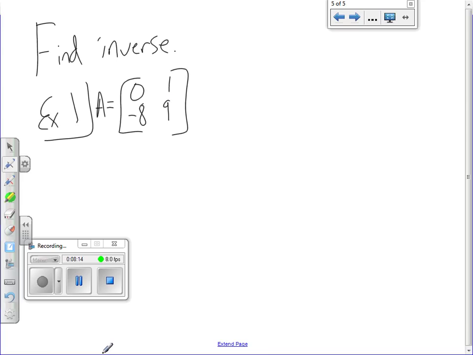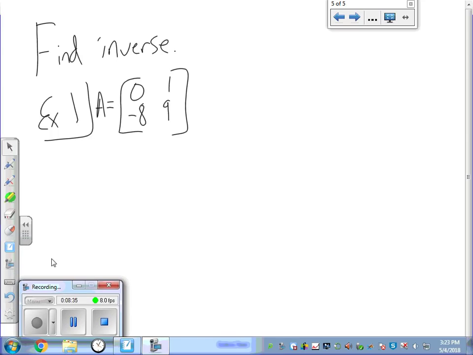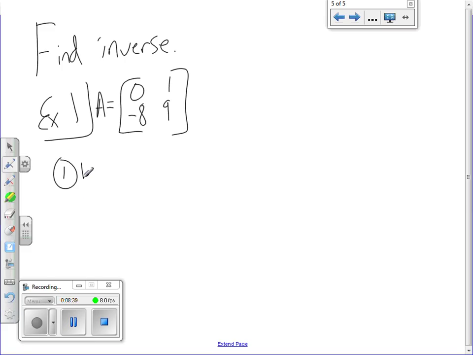In the last video, I provided a flow chart to help you follow some steps to determine the inverse. What's going to determine if this matrix even has an inverse is the determinant. The first step is to find the determinant, which we just got done doing a couple of examples on. So that part's really not new, right? So first, let's find the determinant.